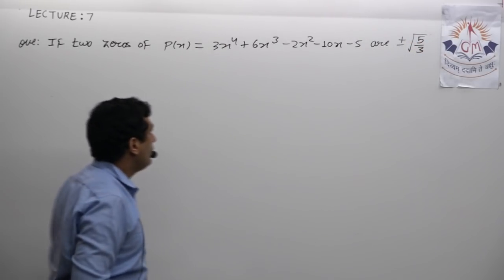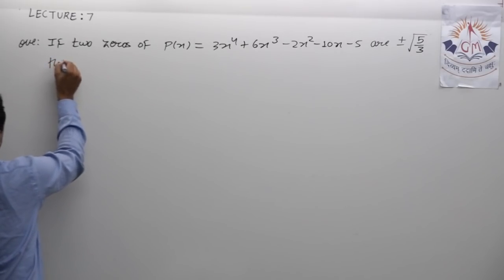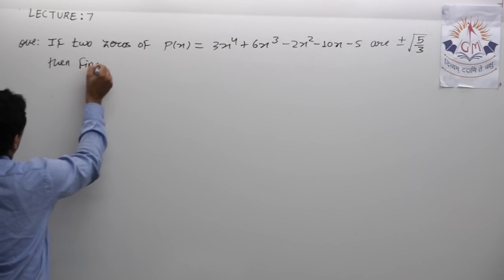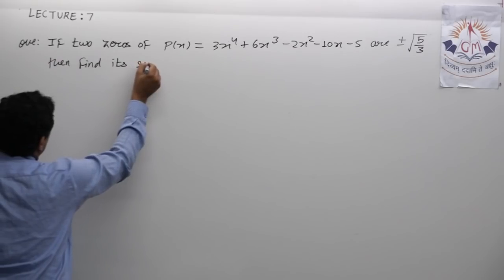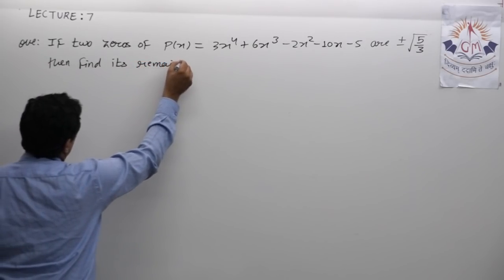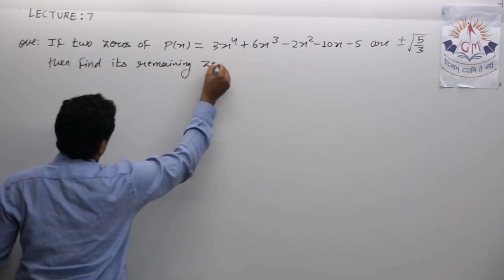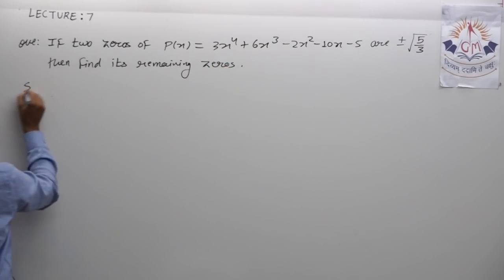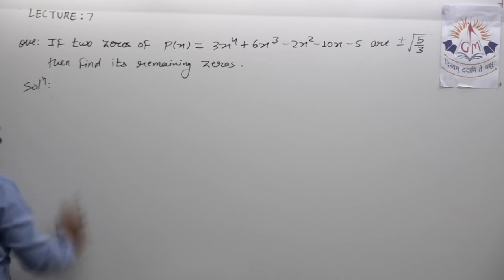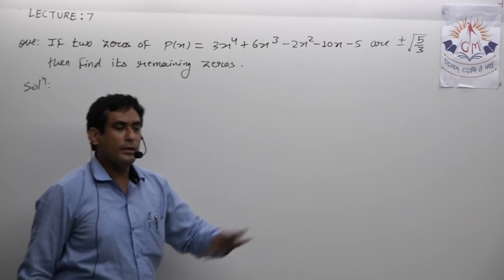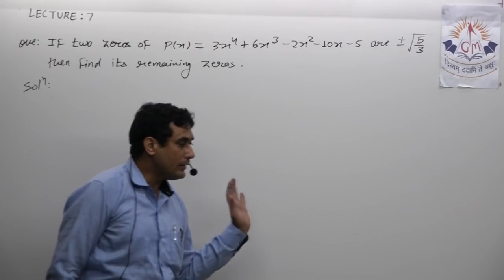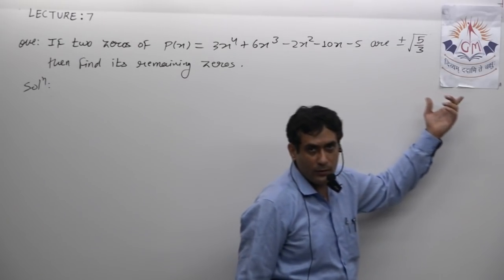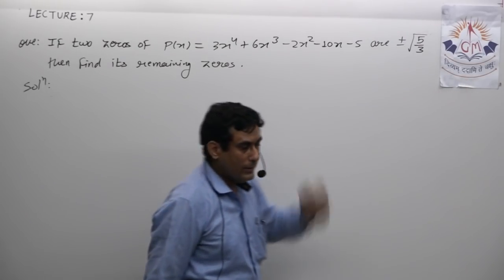Two zeros are this, then find the remaining zeros. Almost a similar solution. Two zeros are given. Over there the zeros were irrational, but only the numerator was there. Here the denominator is also irrational.